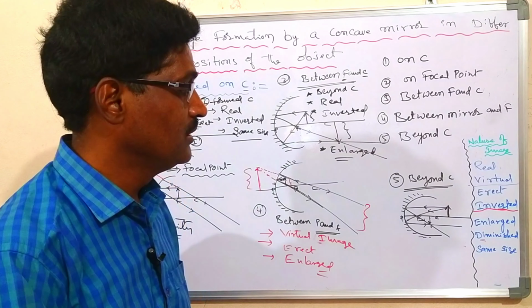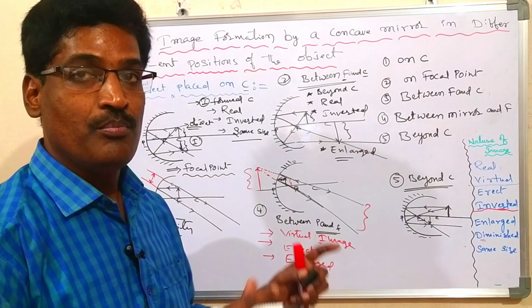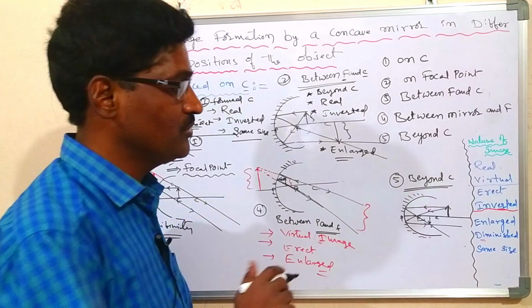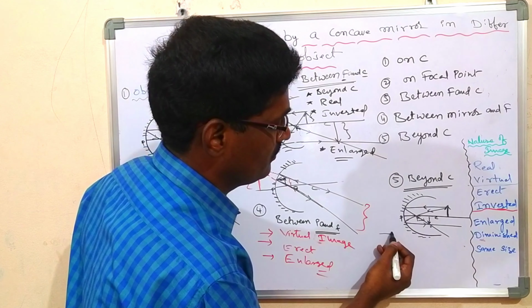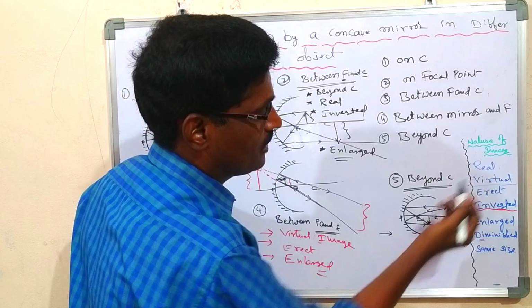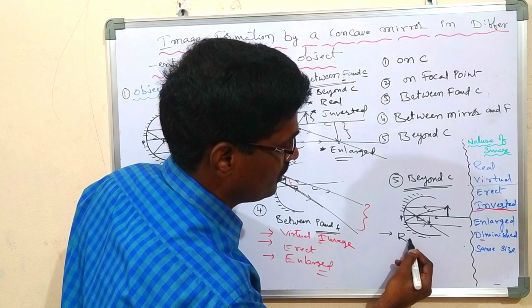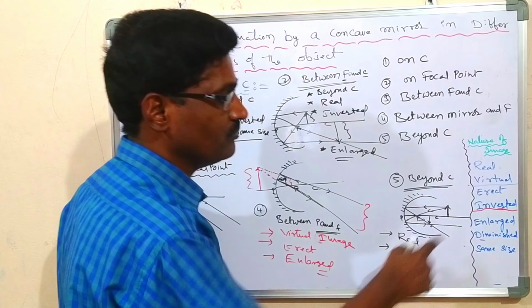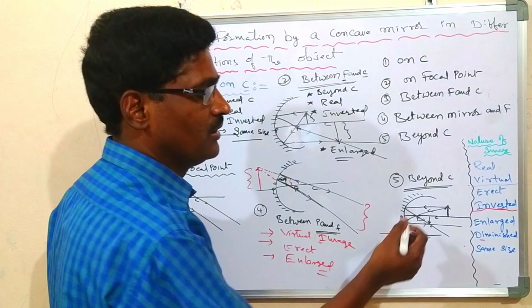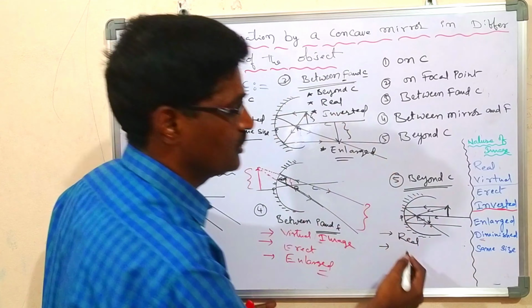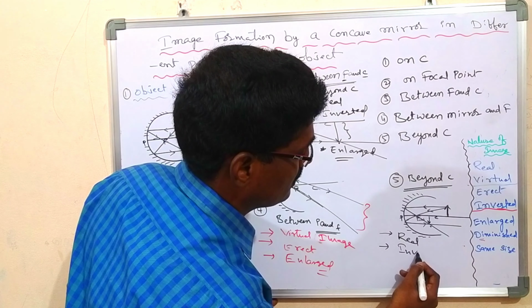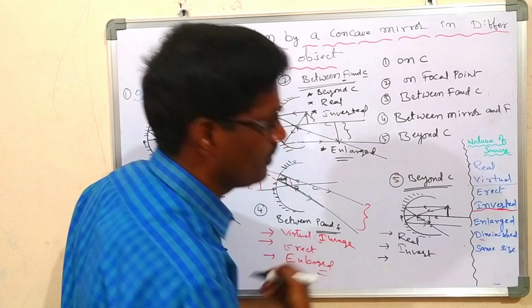Now the image is formed here by the meeting of two rays. What is the nature of that? First say real or virtual. It is formed inside, so it is real. Erect or inverted: it is downward, so you have to say it is inverted.